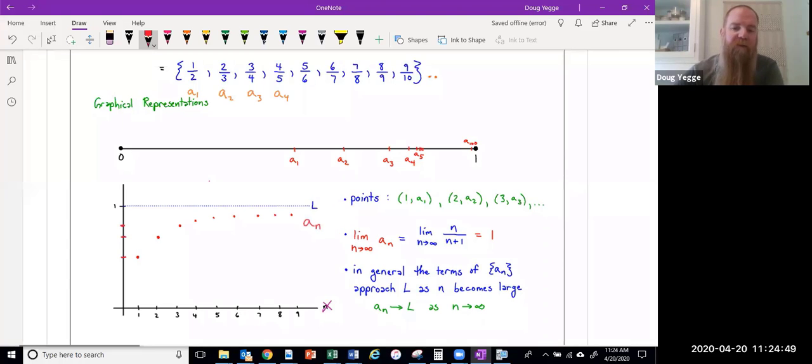And that's why we say that when we take the limit as n approaches infinity of a sub n, this is nothing more than 1. Cool. So that's why we say that a sub n converges to the limit L.